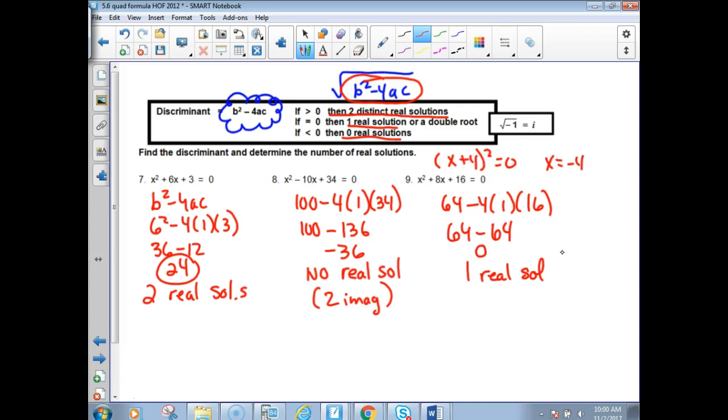You remember what that means if it's a double root? I'll remind you, a double root, that would be where negative 4 is. It bounces. That's when you get a double root. It bounces off the x-axis and just has that 1 real solution. I just keep bringing it up because we're going to need to know it later.